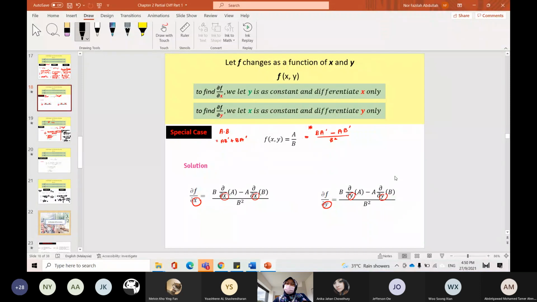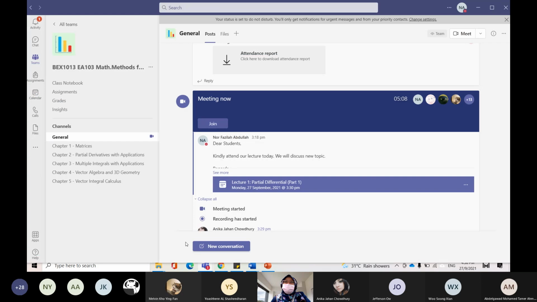But in implicit differentiation, you are still able to differentiate it. Make sure you practice a lot on partial differential so that later you are not confused when we go on to implicit differentiation. All right, any questions?